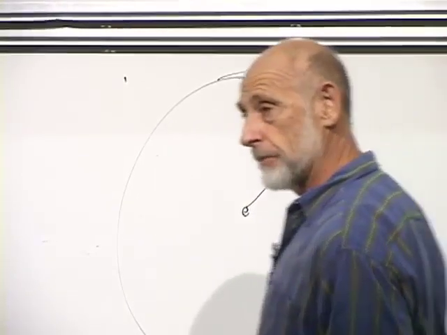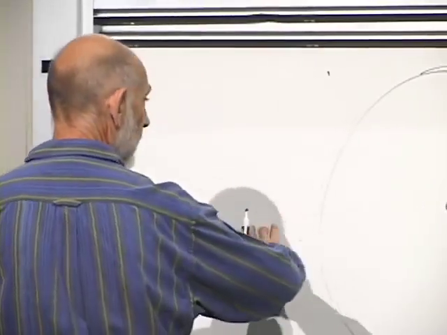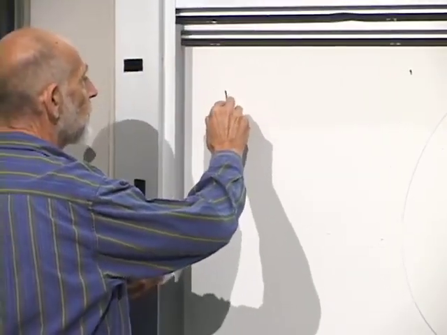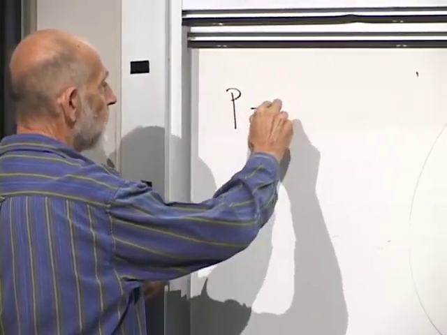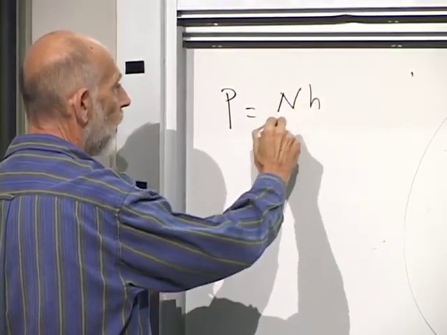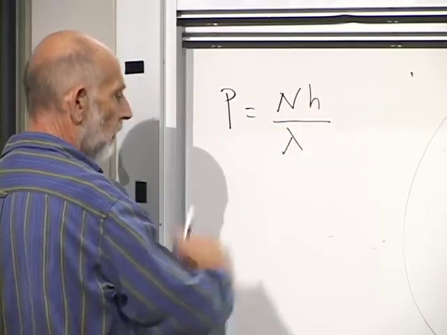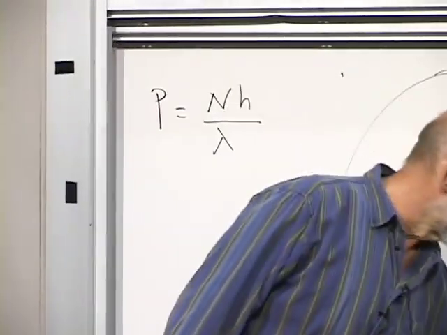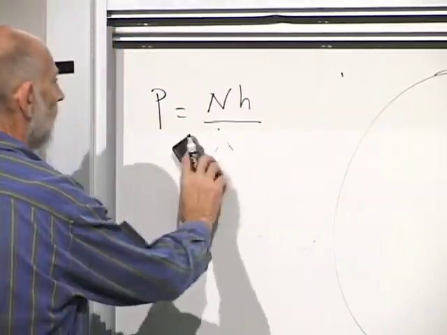Oh, I erased the important equation. What was the important equation? The allowable momentum is equal to an integer times h over L, right?